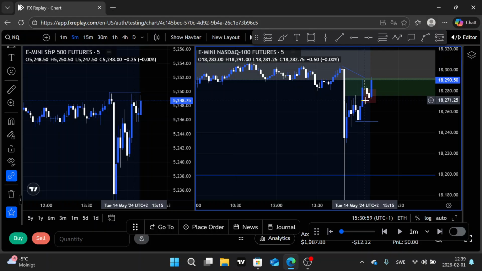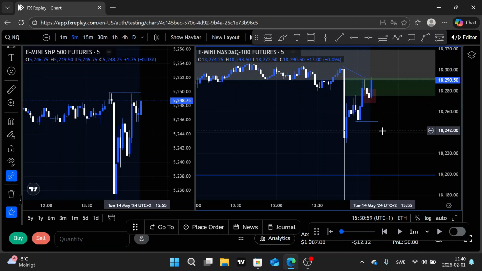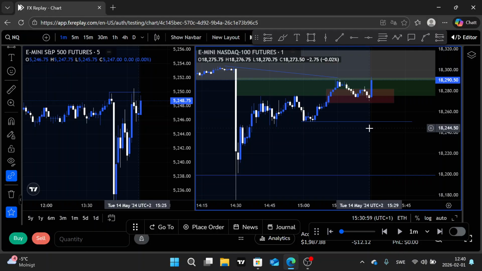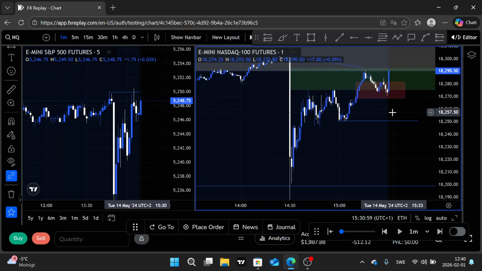Yeah, we do have an SMT here. We took this wick on NQ, but not on ES. Okay, so that would give me even more confirmation that we could go lower, but I would still be patient because we could go higher too.